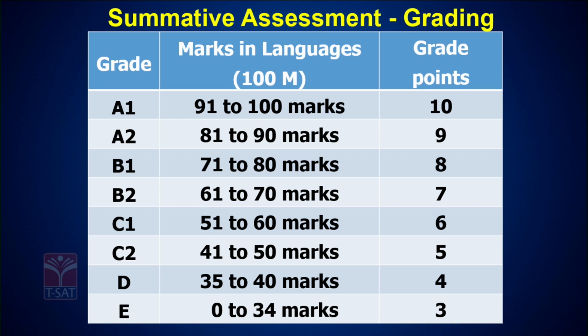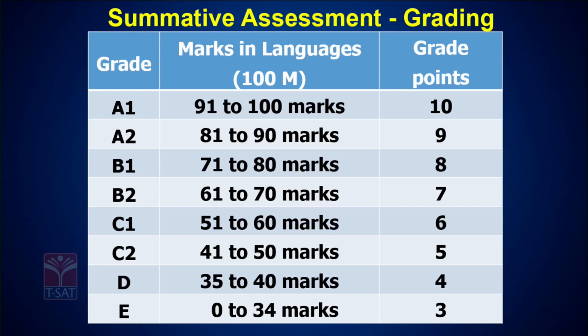And one important thing in CCE is it enhances healthy competition. You know, the difference between 91 and 92 or even 97, 99, it is nothing to do with CCE, because a child who scores 91 will be awarded A1, and a child who scores 99 or even 100 marks also is awarded A1. So, CCE opens the doors for healthy and congenial competition.